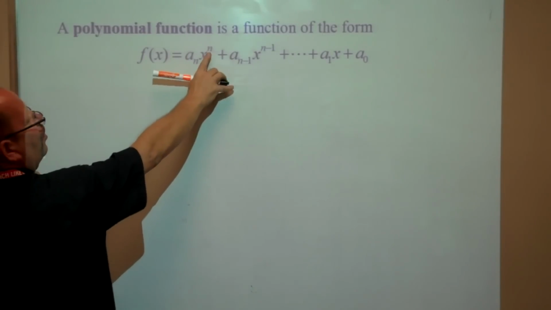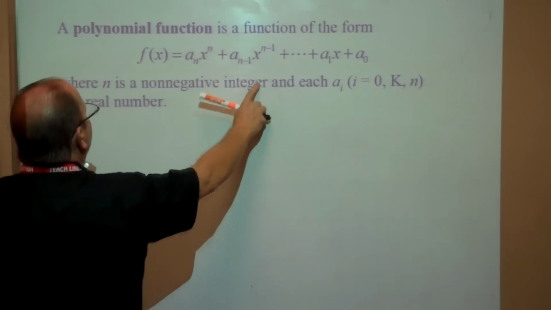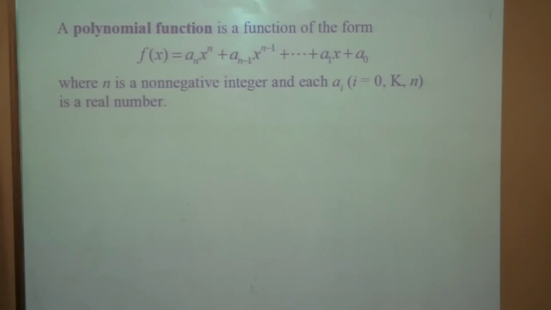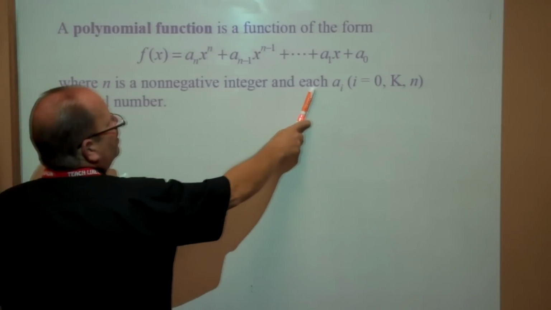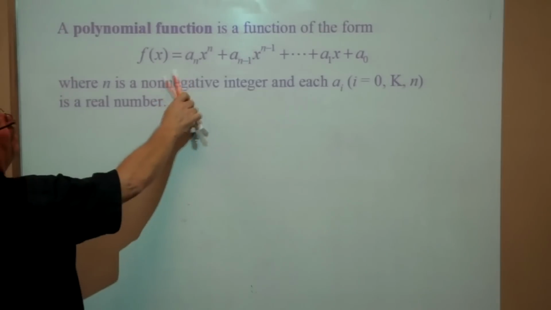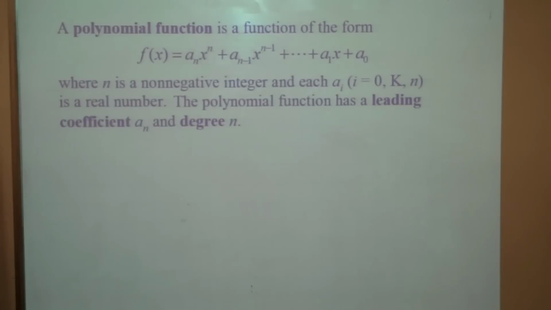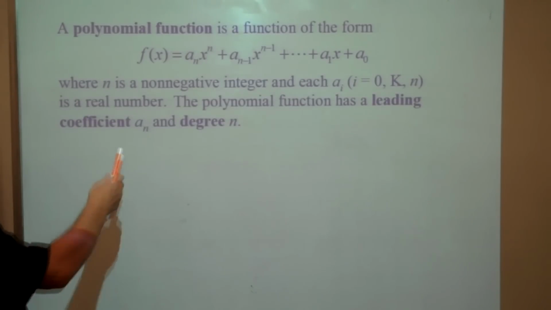Standard form, we go from the highest power on x and down. N is a non-negative integer, and each a is a real number. Leading coefficient.